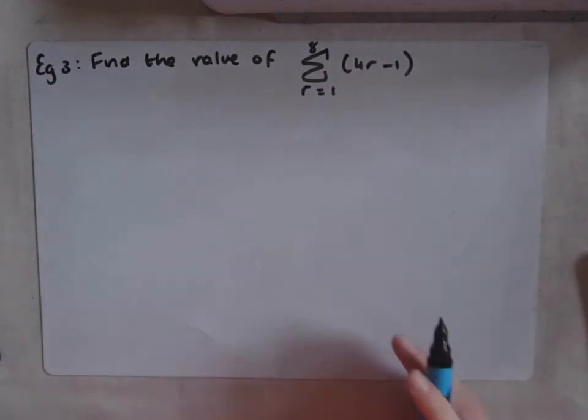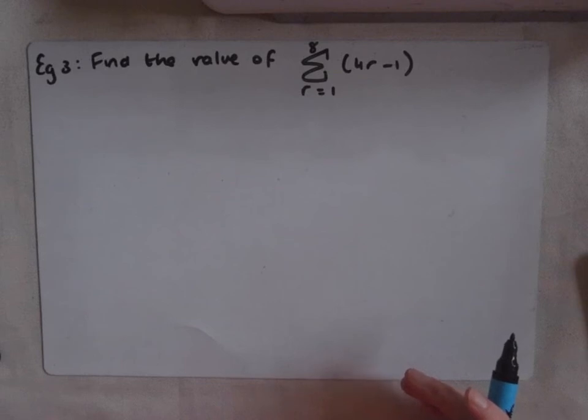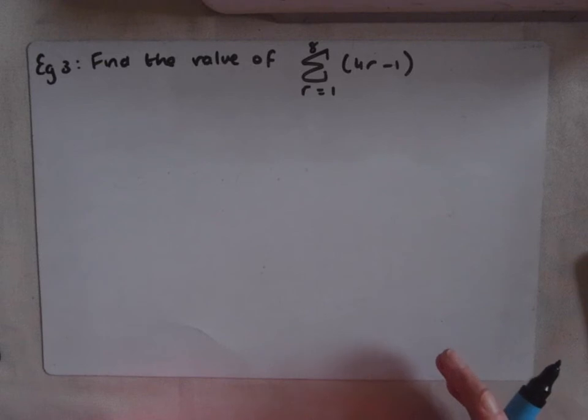Find the value of the sum of 4r minus 1 from 1 to 8. So this is just straightforward. Find the value of that. Now again, you need to get your series of numbers, and then we're looking for the sum of 8 terms.